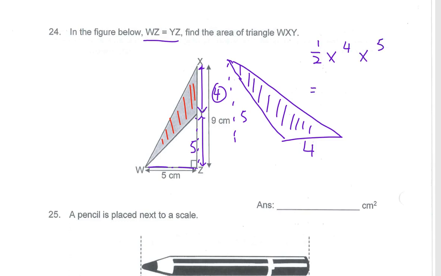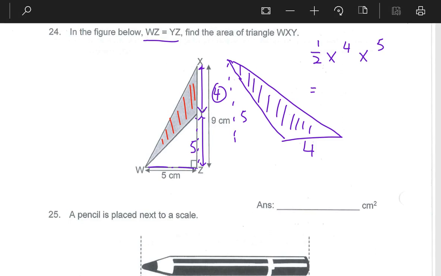This is the shortest, most efficient manner, because once you establish what the base is, which is here, and you know already what the height is, you can already apply the formula without finding the white portion. Half times 4 is 2. 2 times 5 gives you 10. So this is a short way to help you save time. Alright, but in case you're still confused, you can still find the big triangle, then minus the white triangle. That's fine as well. Okay?